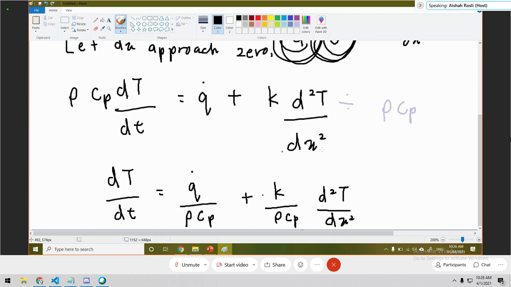The thermal diffusivity alpha, as I've already mentioned in the slides, is equal to k, the thermal conductivity, divided by rho Cp.